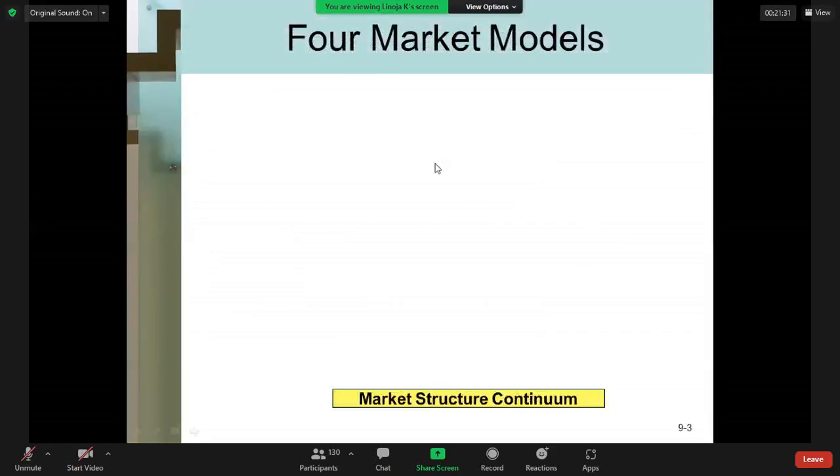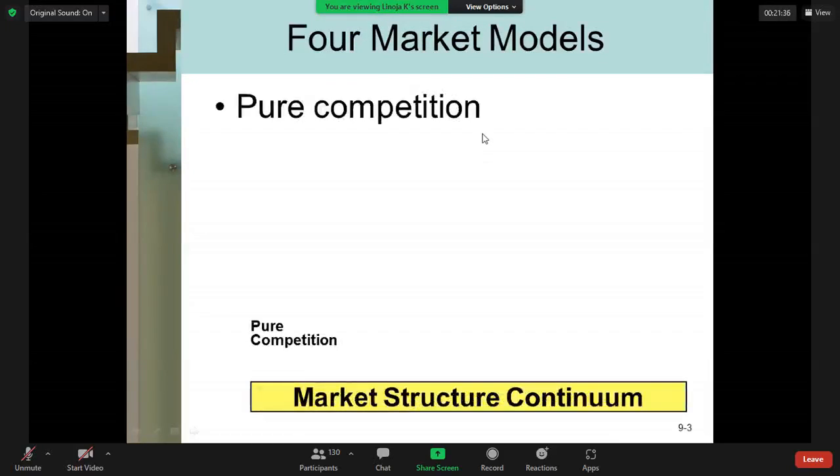So first of all, I'm asking, what are the types of markets you know? Let me hear some examples of markets you know. I heard that this batch is a very active batch and you discuss without hesitation, but I didn't see that.